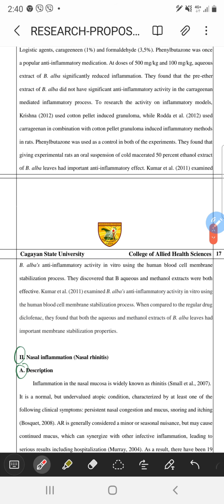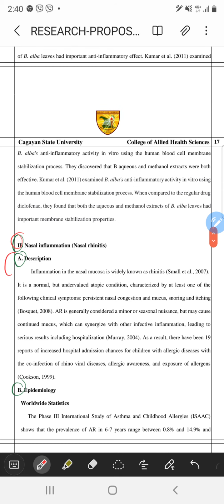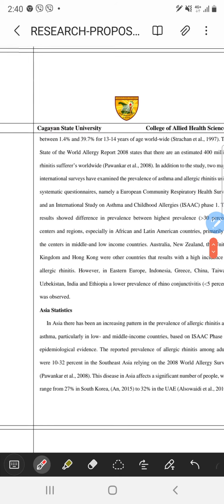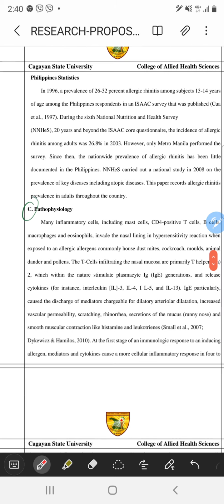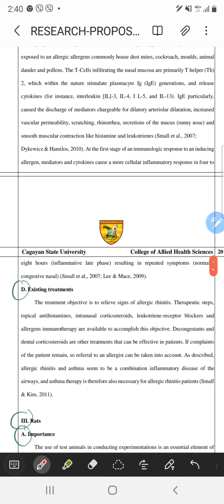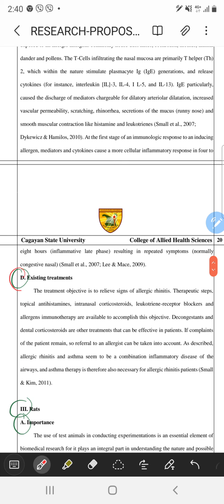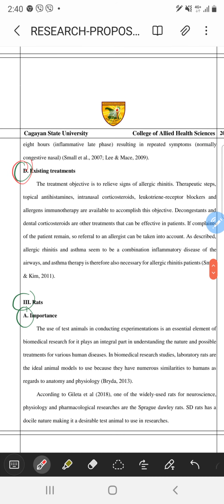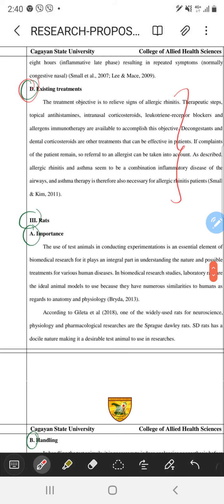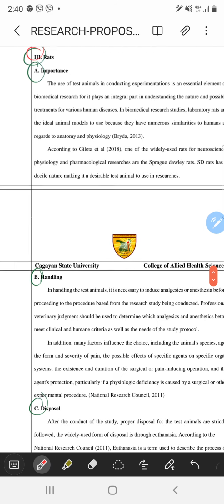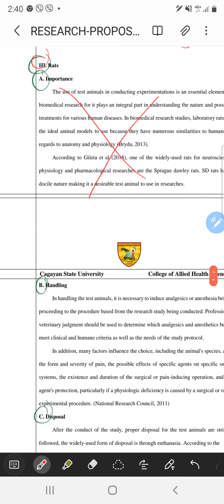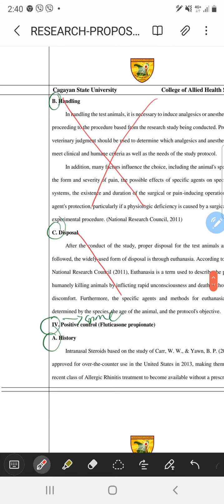Medicinal use. Yes. Then, allergic rhinitis. Pathophysiology. Then, existing treatments. This should be comprehensive. Then, actually, we don't need the rats part here already.